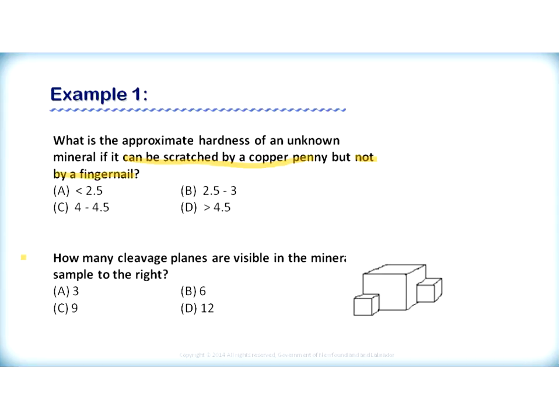Therefore, the copper penny has a hardness of 3.5, whereas your fingernail has a hardness of 2.5.